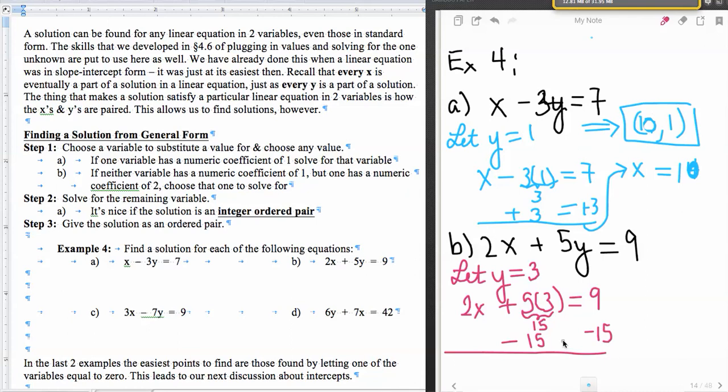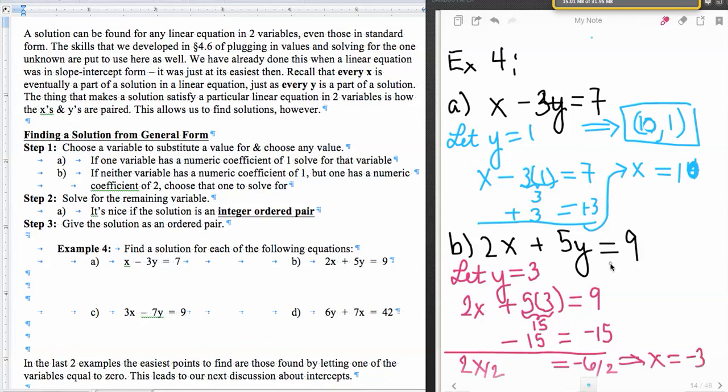You see, I'm just solving a linear equation in one variable now, because the other variable has gone away because I substituted in for it. So 2x is equal to 9 subtract 15, which is 6, and it's a negative because the 15 is larger. And then I'm going to multiply by the reciprocal of the numeric coefficient of 2, which looks like division because it is, and then I get my value of x. x is equal to negative 3.